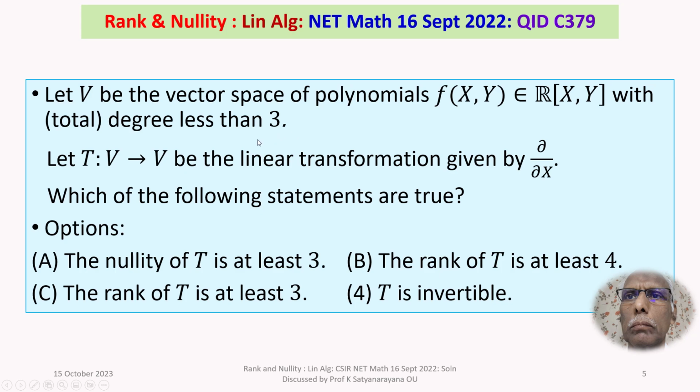T is a linear transformation from V to itself defined by del by del x, that is the partial derivative with respect to x. Then we have to discuss which of the given four statements are true. That means there can be more than one answer.